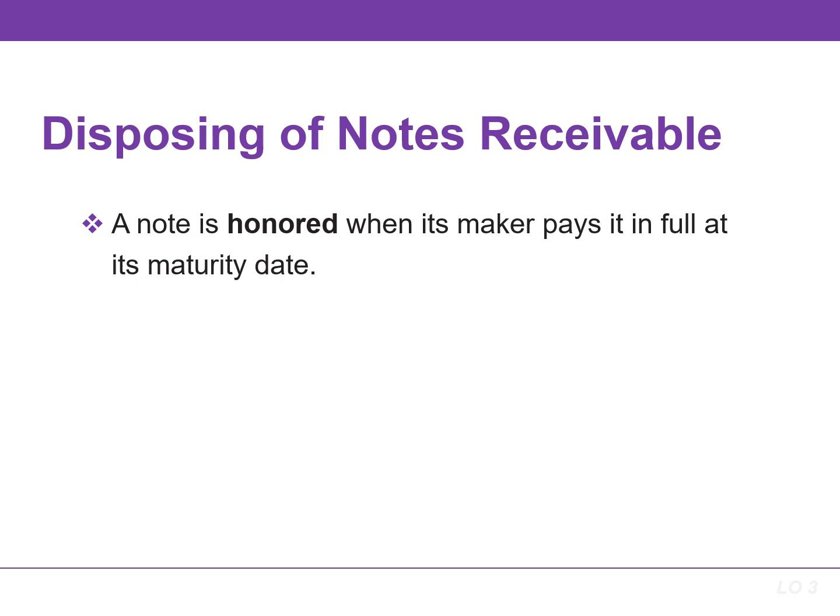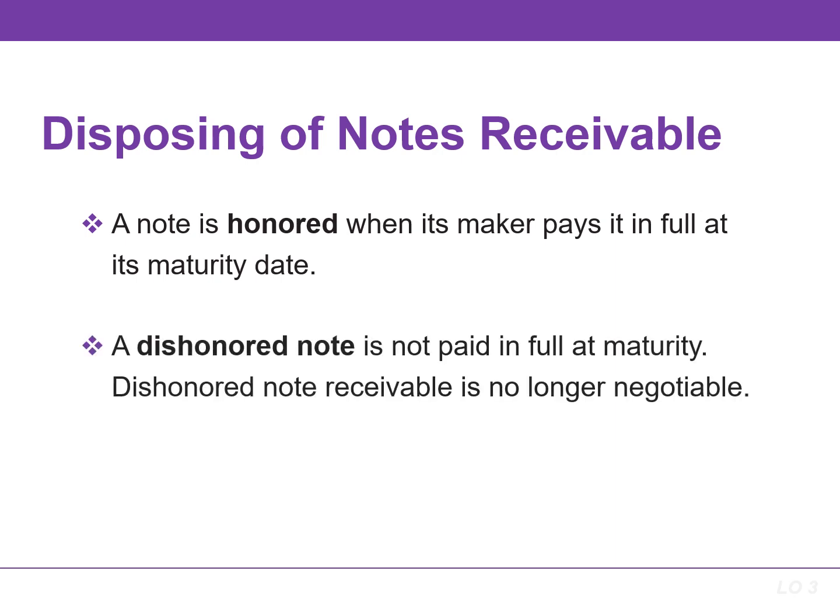A note is honored when it is paid in full at its maturity date. For each interest-bearing note, the amount due is the face value or the principal plus interest. A dishonored or defaulted note is a note that is not paid in full at maturity.